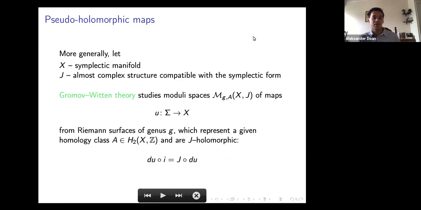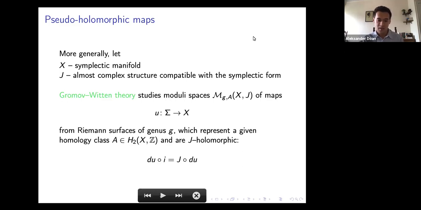So actually, a little bit more generally, suppose now that X is a symplectic manifold, and you choose an almost complex structure on X, which is compatible with the symplectic form. So Gromov-Witten theory studies the moduli space, I call it script M, of maps from Riemann surfaces of fixed genus G, representing a given homology class A, which satisfy the nonlinear Cauchy-Riemann equation, namely that the derivative of u is J-linear.